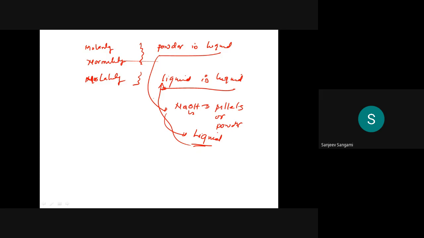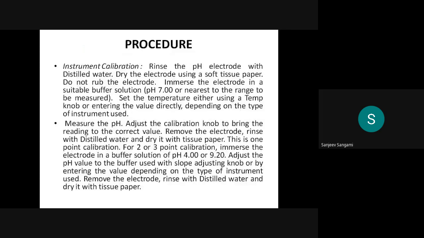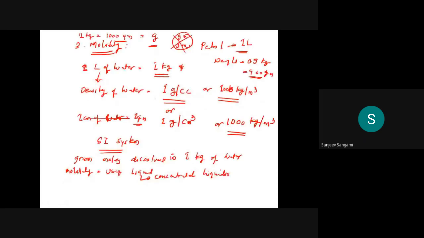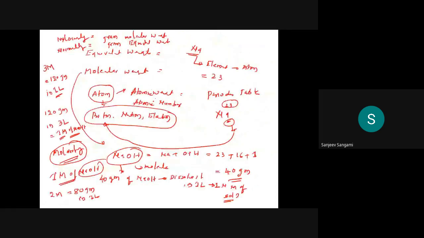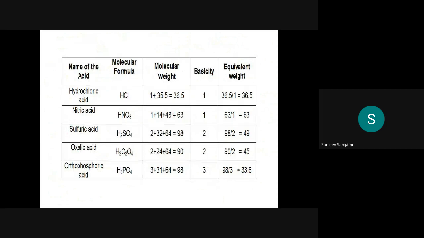Also many times we'll use the preparation of concentrated acids, and sometimes dilute acids. If you see hydrochloric acid, that is how exactly we calculated the molecular weight, which is 36.5.